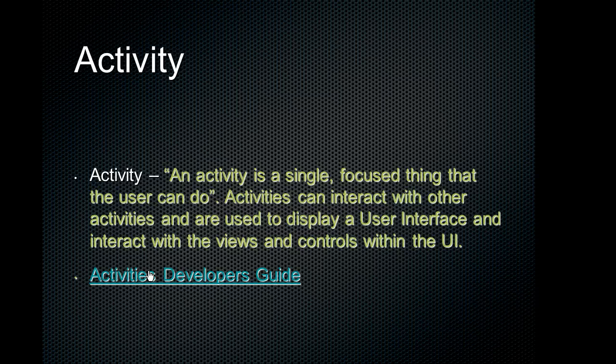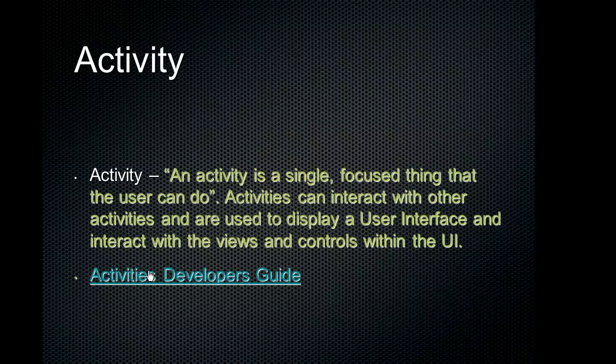So first of all, we have this concept called an activity in Android programming, a single focused thing that the user can do. Many times, if you're using an app, an activity might be a single screen and the behavior behind that screen. In other words, when you click a button on a screen, what happens?